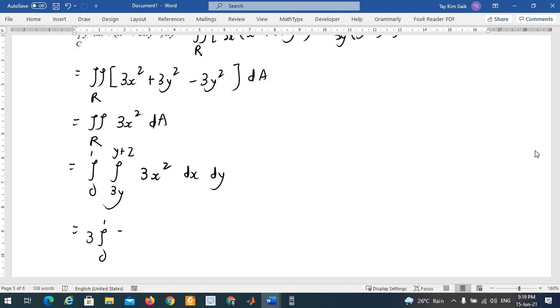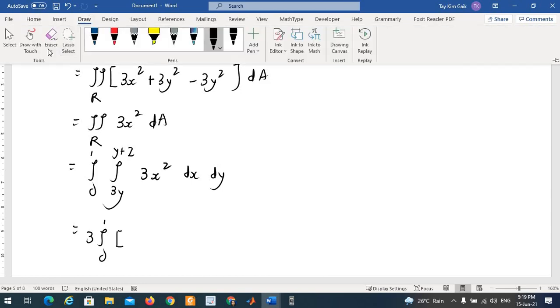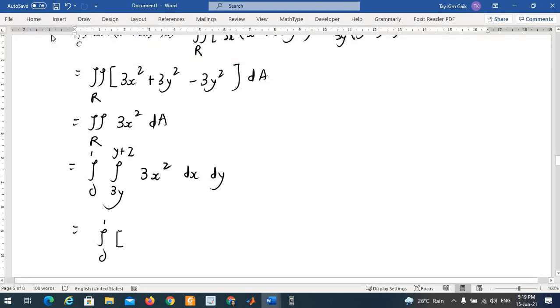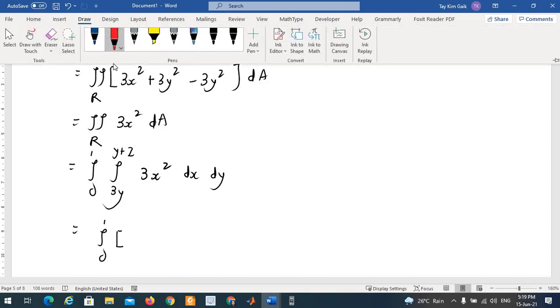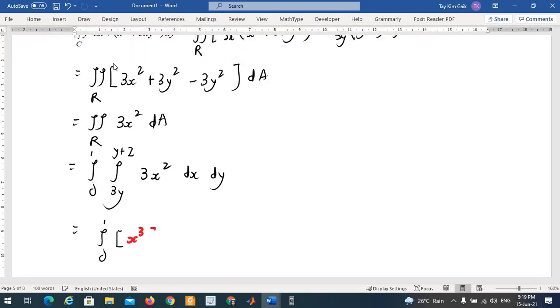So factor out 3? Oh, no need, they cancel each other. So integrate 3x squared with respect to x, you get x cubed, where the 3 and the 1 over 3 cancel each other. So plug in the limit from 3y up to y plus 2.